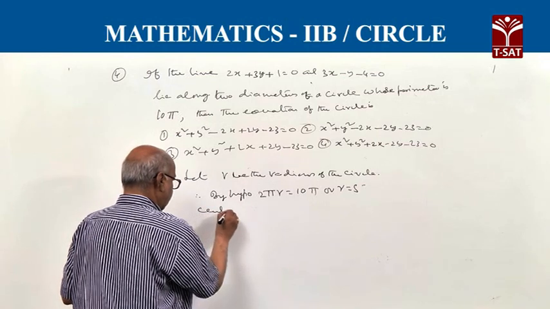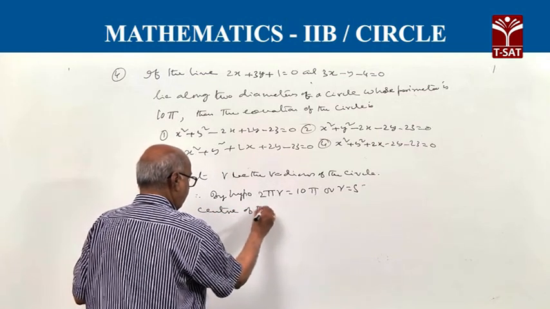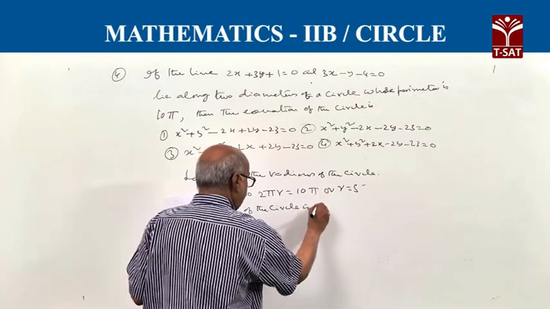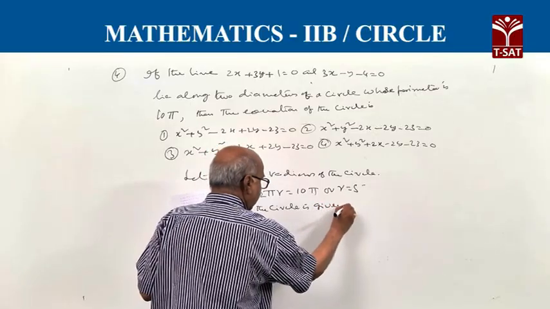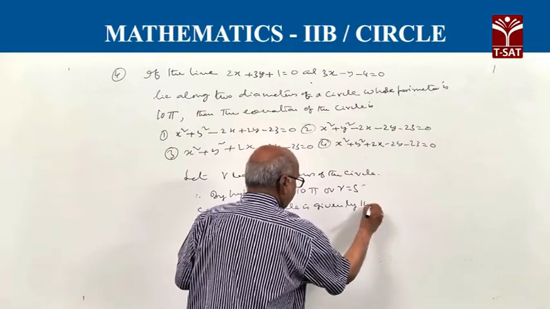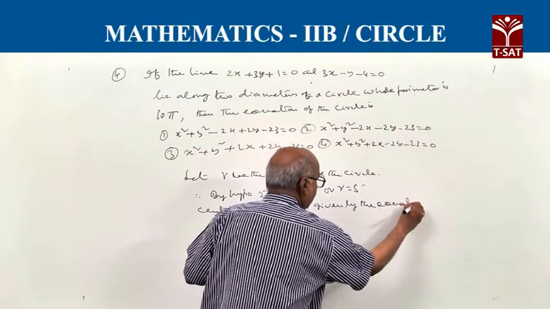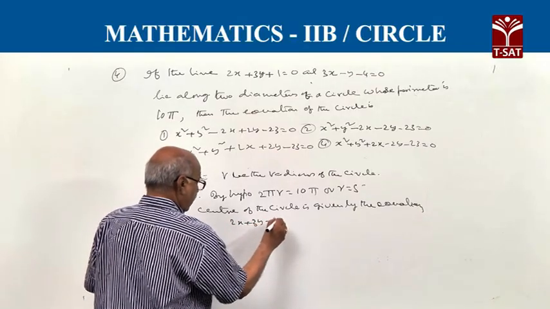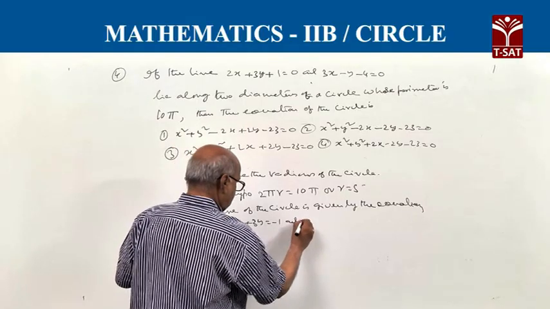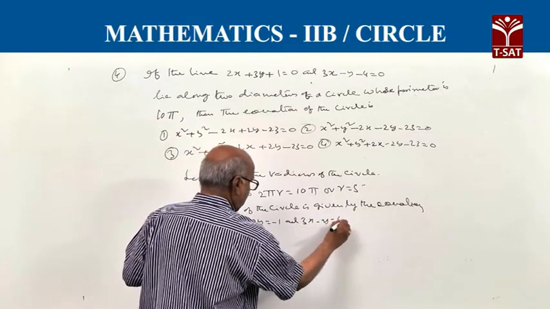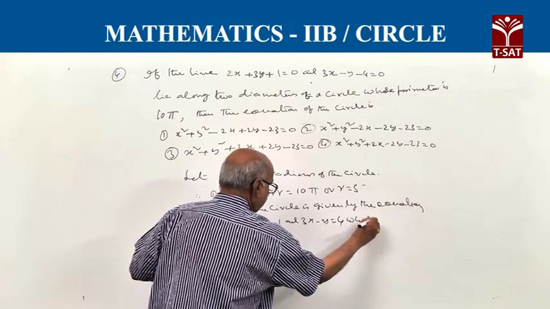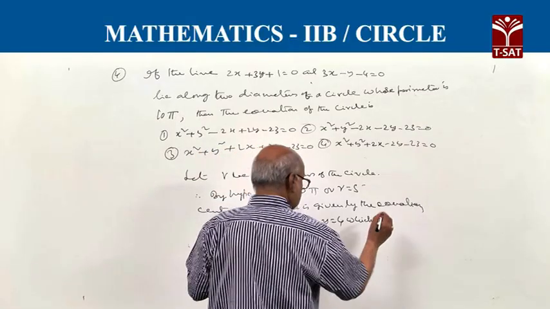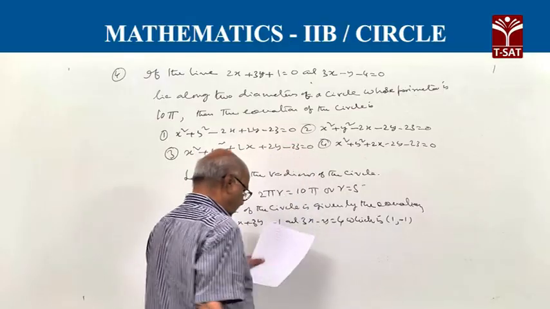The center of the circle is given by the equations 2x plus 3y is equal to minus 1 and 3x minus y is equal to 4, which is (1, minus 1).